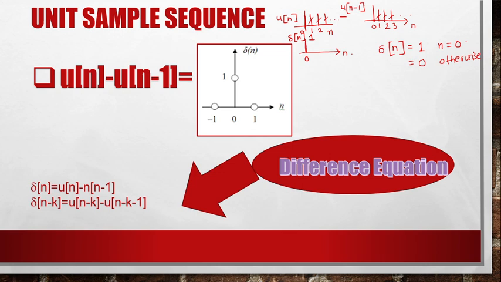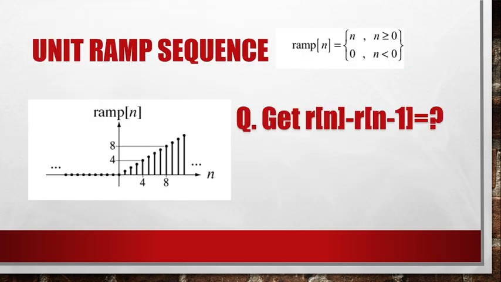Now from what we have learned in these two slides, can you tell me what we will get if we take the ramp? We know that in the continuous domain the ramp is equal to t, with the expression t for t greater than or equal to 0.